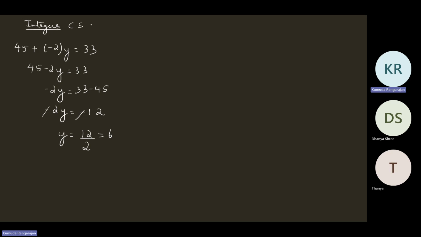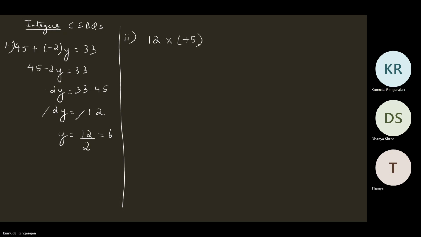Next one, you answer, Tanya. I got option C, 54. 54 is the correct answer. How did you calculate that? We have to mark score for all correct answers, which is 12 into plus 5, is equal to 60.